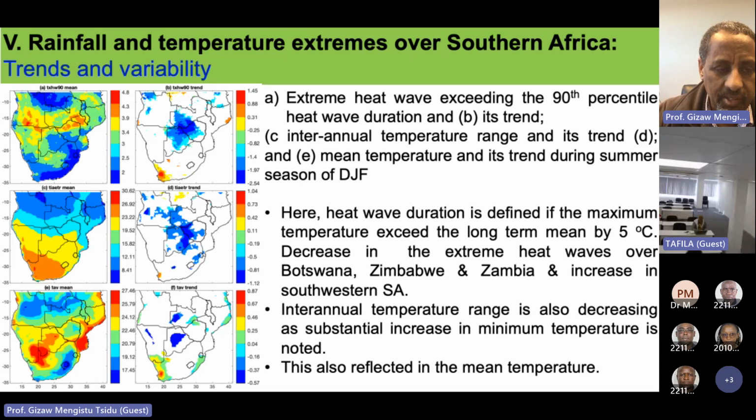As we go further south, in the tropics we don't see big interannual temperature difference between maximum and minimum. Yeah, that's what it means.